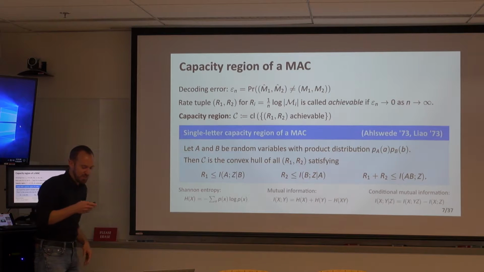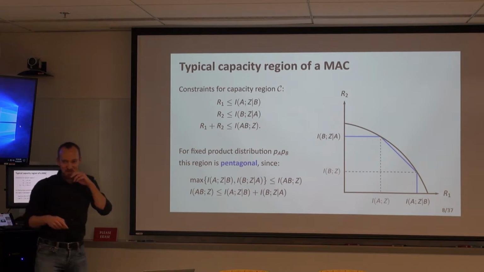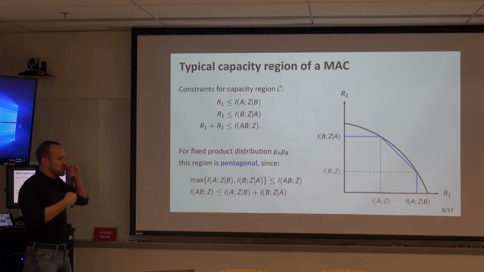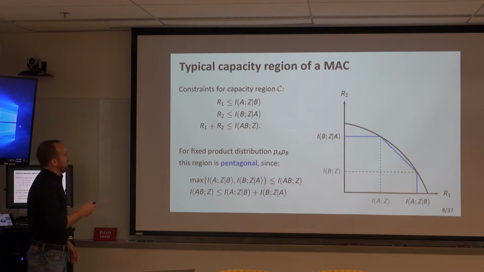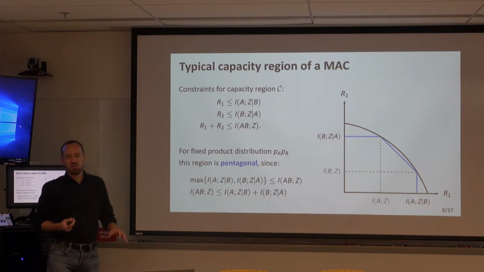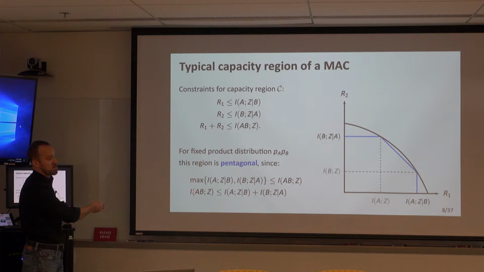Next slide. So right here. So yeah, very good question. When you actually want to compute this capacity region, you can obtain it in the following way. You fix a particular product distribution on A and B, and then for a fixed distribution, the region that you get from these three constraints will always be a pentagon, because of these entropic inequalities that always hold.